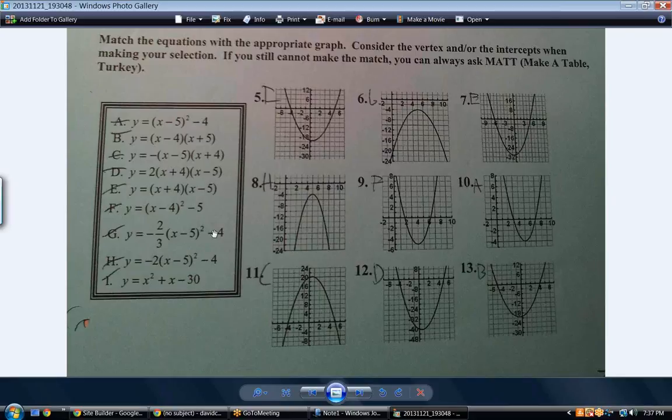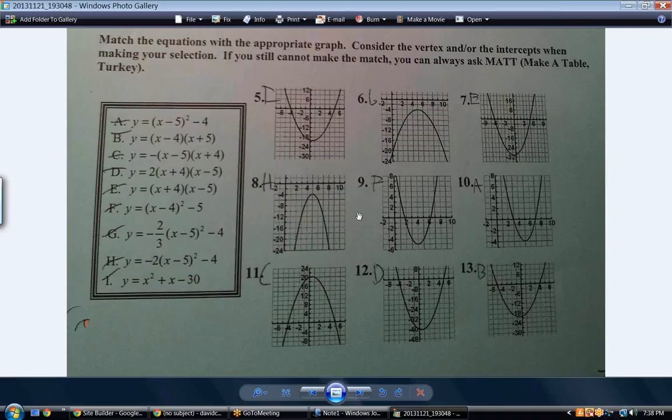That's K. So what has a vertex at plus 5, minus 4? Right there. Okay. That looks right. No, except that doesn't open down. Oh, yes it does. Excuse me. Sorry. Yeah. And it's a little wider than normal, which reflects the minus 2/3.